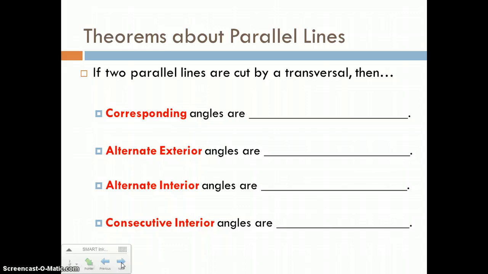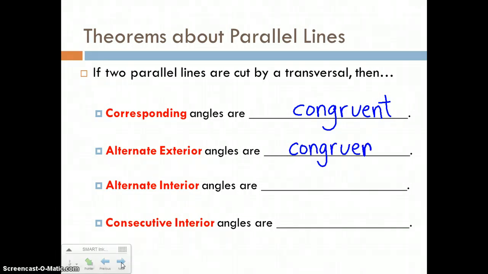First off, any pairs of corresponding angles are always going to be congruent. Alternate exterior angles are also congruent. Alternate interior angles are congruent as well.